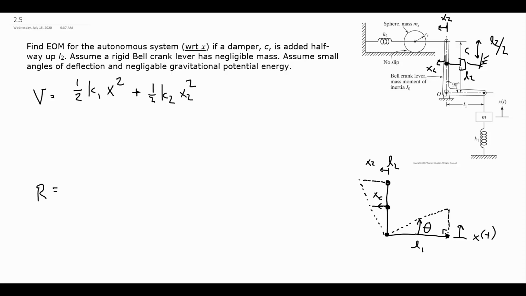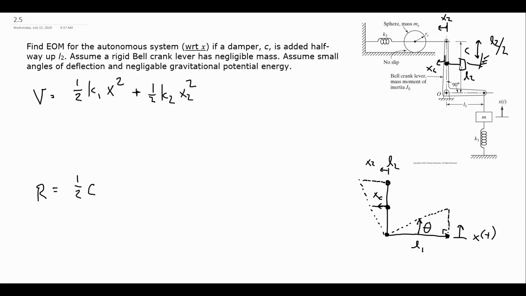So let's look at R, the Rayleigh dissipation. In this system, the only thing that's going to dissipate energy is the damper C. The springs do not, the masses do not. There's no friction that we're accounting for here, so only that value of C. So we have to add 1/2 times, well, we're told the damping coefficient is C, and now the relative velocity of that damper.